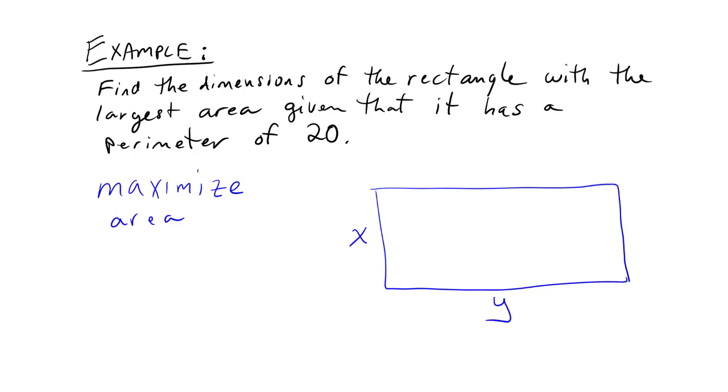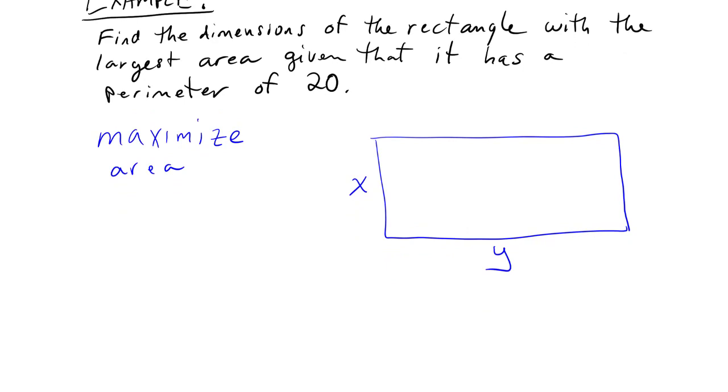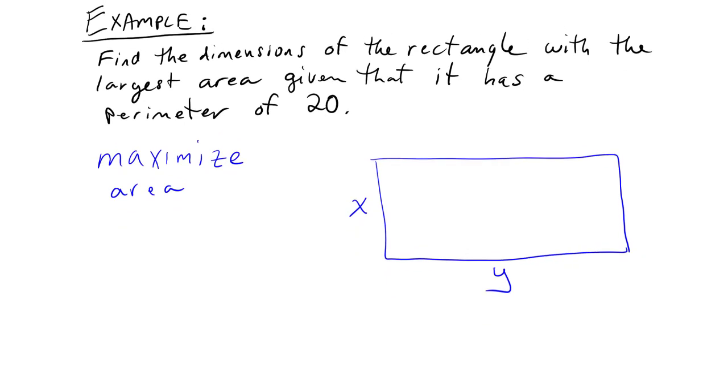So I made a generic rectangle called one X and one Y, and I could have called it whatever I want. Now that I have that, I'm trying to find what values I should let X and Y be so that they, one, fit the constraint of having a perimeter of 20, and two, give me the maximum area.